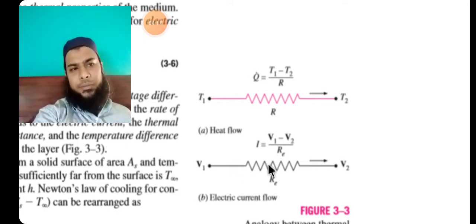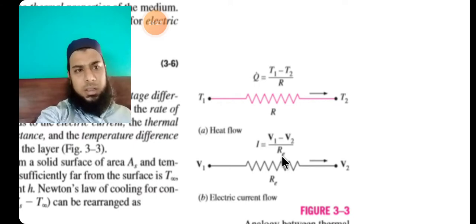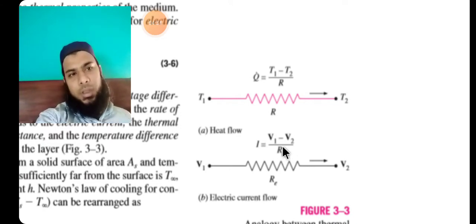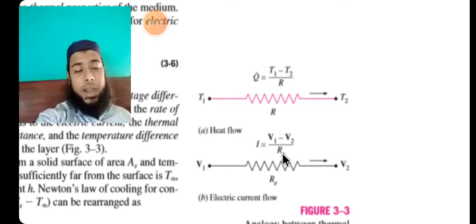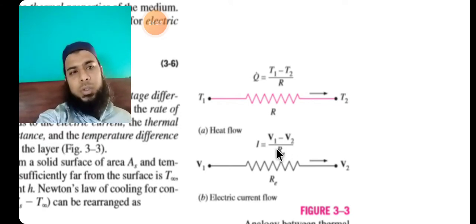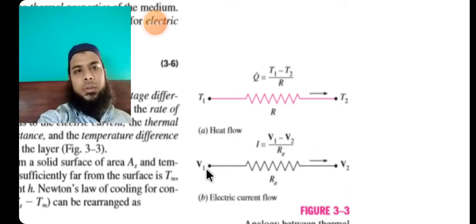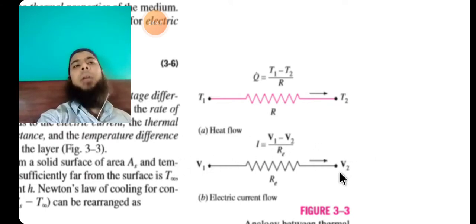Resistance is a major property of a material. For copper, gold, and silver, the resistance value is very low. But for a non-conductor or bad conductor, the resistance value will be higher. The resistance resists the flow of current, and due to the resistance there will be a difference of voltage.